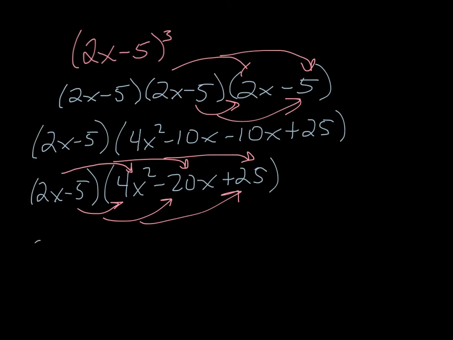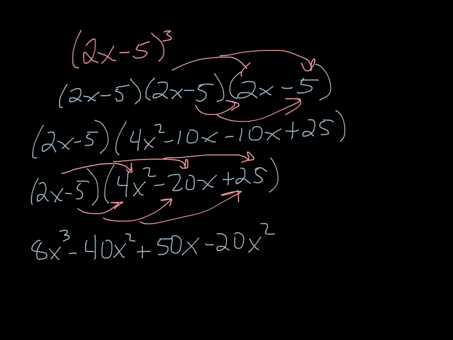And get 8x cubed minus 40x squared plus 50x minus 20x squared plus 100x minus 125.